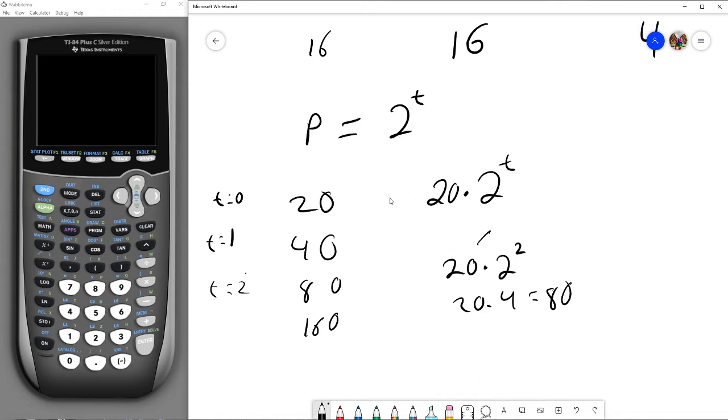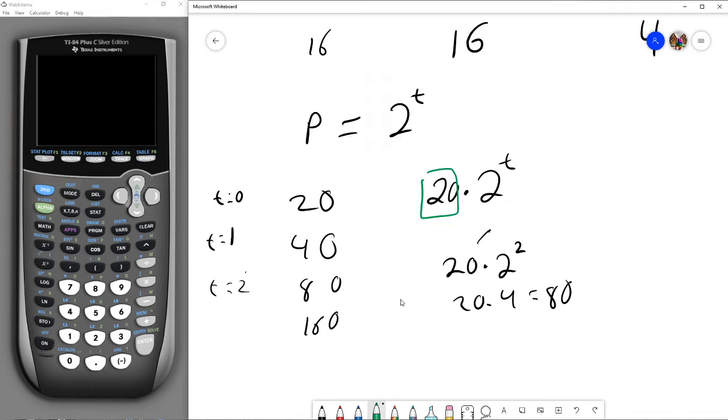So this is where this pattern is coming from. We can see that if we have some initial population, which is what this 20 represents, then we can interpret it as our 2 to the t, but multiplied by 20 here.